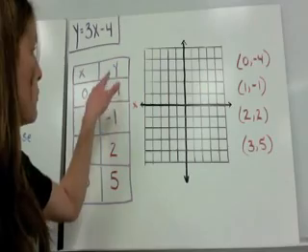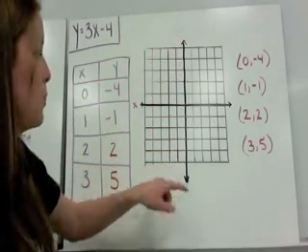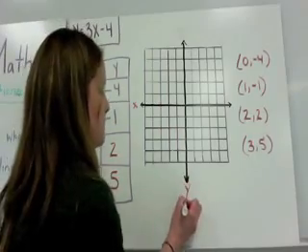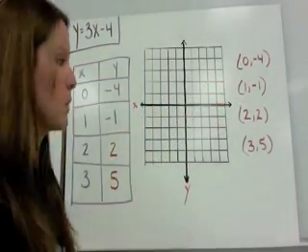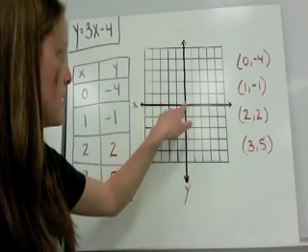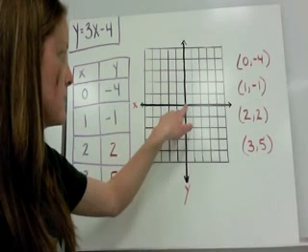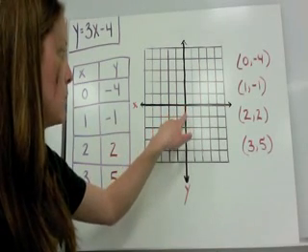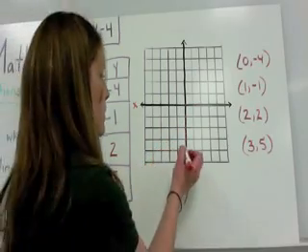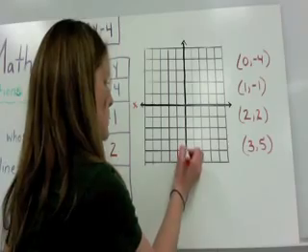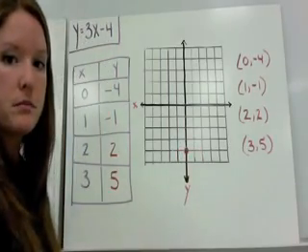And we know that our -4 needs to fall on our y-axis. So if I were to plot 0, -4, I would start out at 0 on my x-axis and then go down to -4, 1, 2, 3, 4 on my y-axis and plot that point right there.